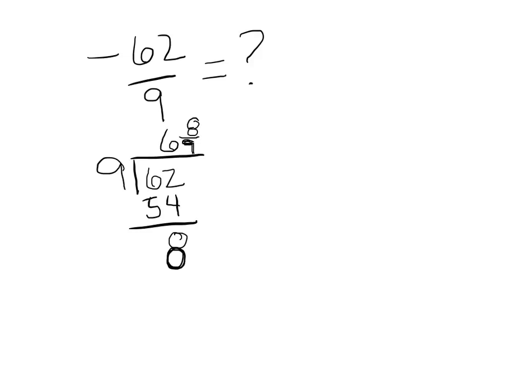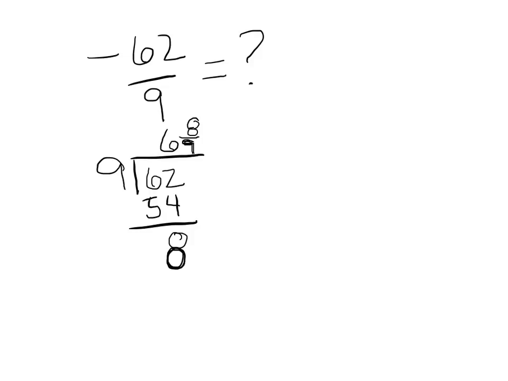So what this 6 and 8/9 says is that 9 goes into 62 and has a remainder of 8, and that's the fraction left. It's not quite a whole, and so it can't be added to the 6. It's just almost 7. And it has to be negative because we have a negative 62.